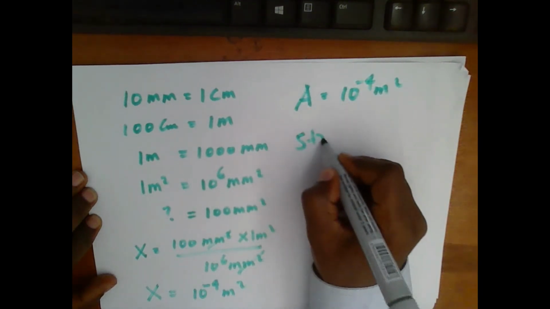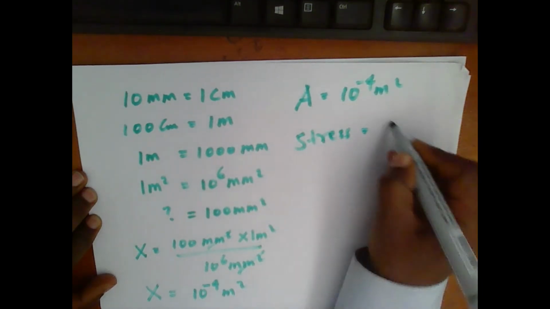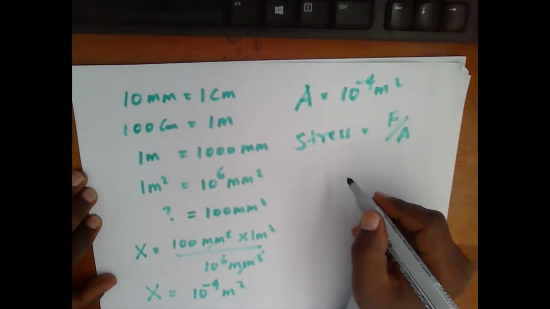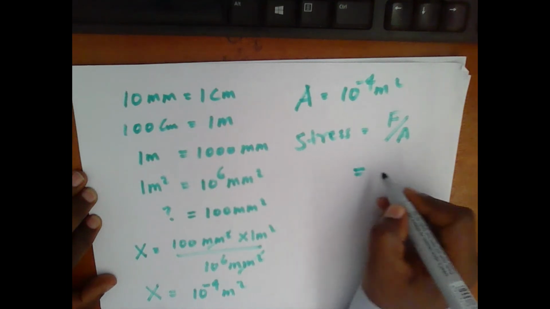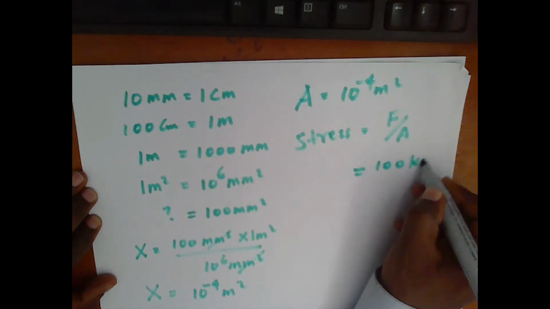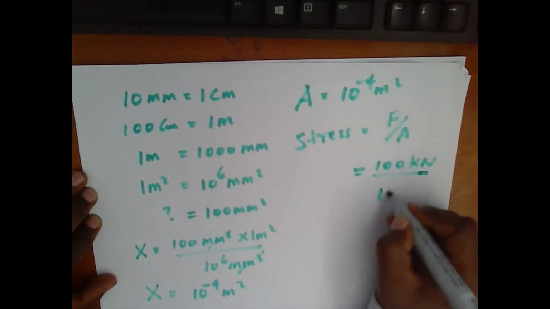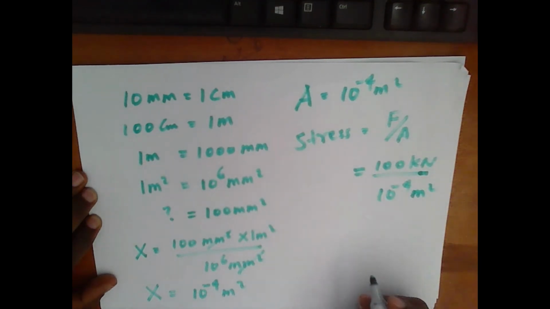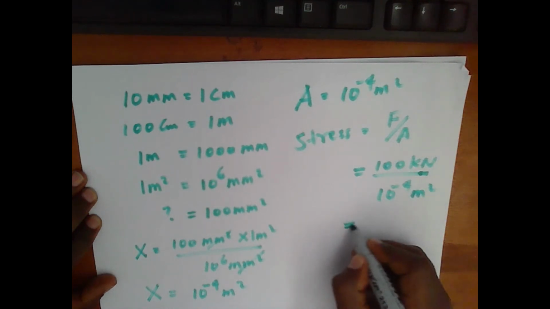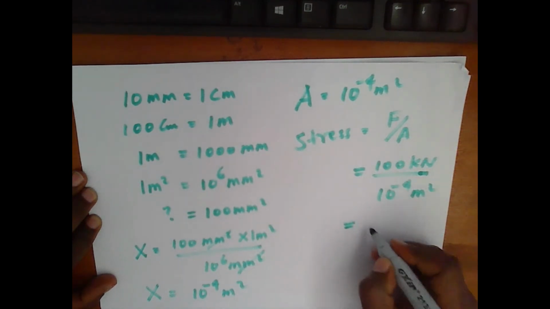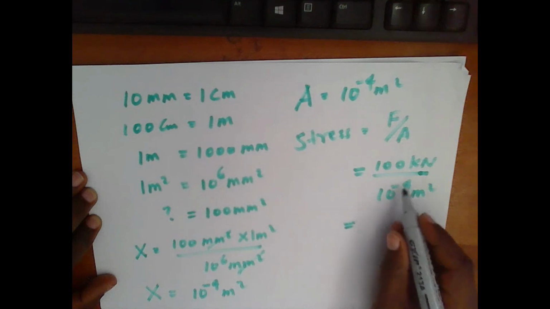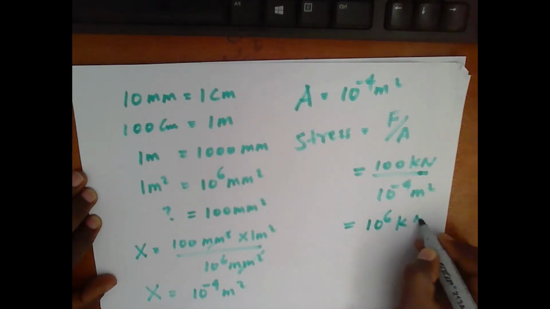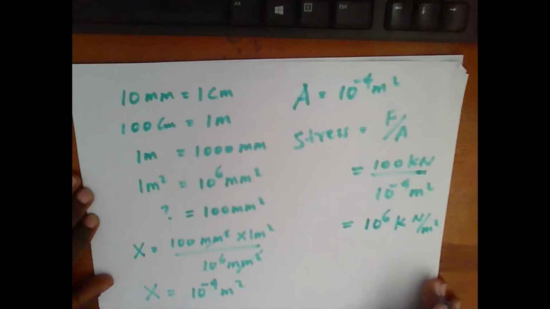We know that stress is equal to the perpendicular force divided by the area. The force is already known, which is 100 kilonewton, divided by the area, 10 raised to minus 4 meter square. Therefore this is equal to 10 raised to 6 kilonewton per meter square.